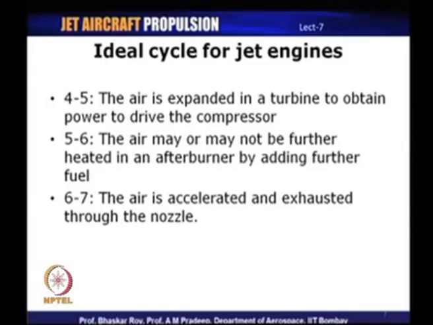So, the turbine is primarily meant here in a turbojet engine to drive the compressor, and then there could be an afterburning taking place between stations 5 and 6, and 6 to 7 is acceleration and exhaust of the products through the nozzle. So, 6 to 7 is the nozzle process in the Brayton cycle or the turbojet cycle.